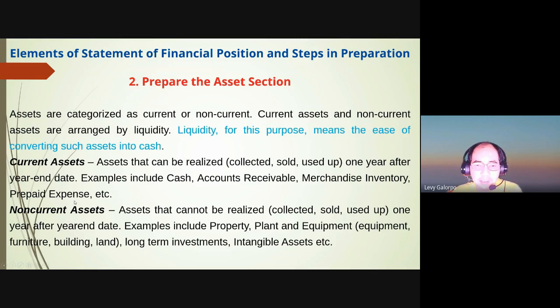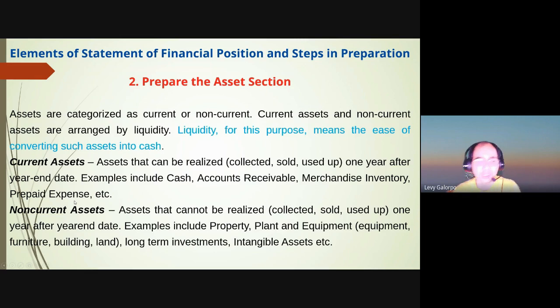Non-current assets are the assets that cannot be realized 1 year after the year-end date. Hindi sila nare-realized within a year. Example niyan, itong property, plant, and equipment, furniture, building, land, long-term investments, at intangible assets.